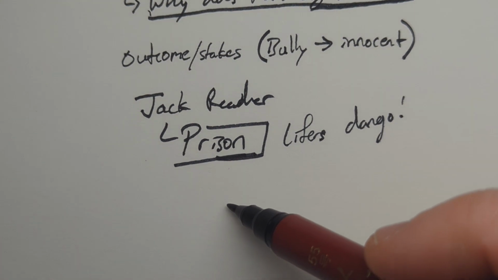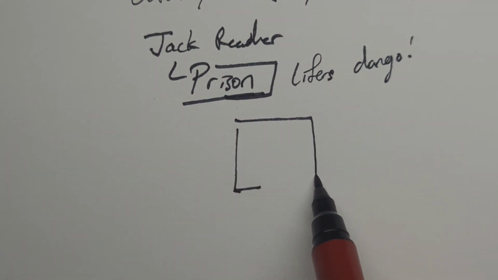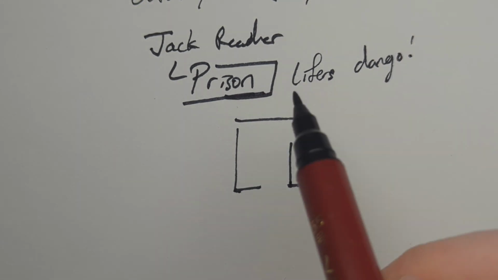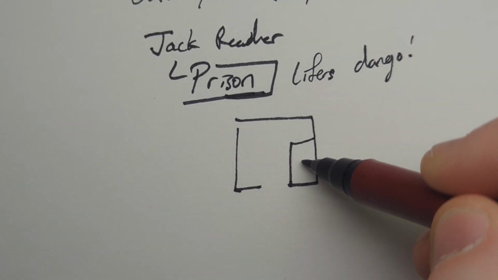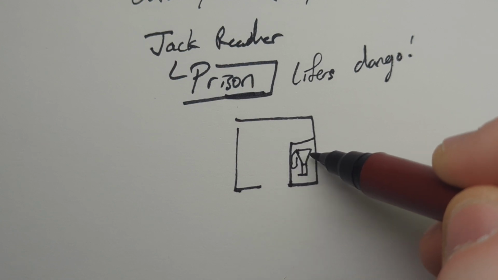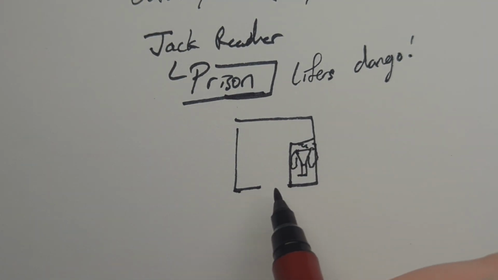Basically what we've got here is a little bitty cell, and Jack is in here. He's got his bunk bed, and Jack is right here, kind of laying down.